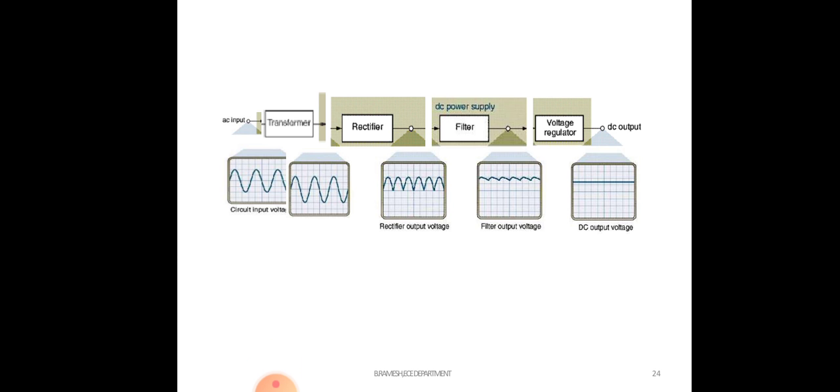The block diagram of a DC power supply is: first a transformer, next a rectifier, then a filter, then a voltage regulator. When you connect all these circuits, you get the DC power supply, and in particular ranges, whatever voltage you require, you can generate the DC voltage like this.